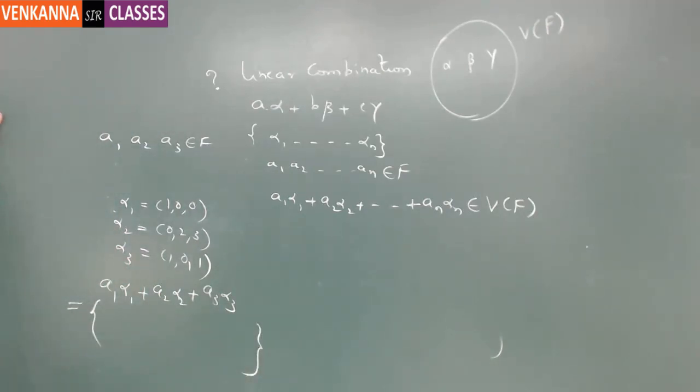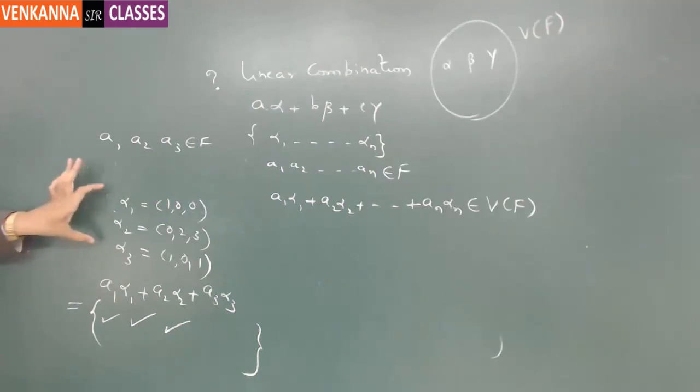Now what happens? If I take a1, a2, a3 as 1 1 1, I will get a vector here. If I take a1, a2, a3 as 0 0 0, I will get the 0 vector here. If I take a1 is equal to 1, a2 is equal to 1, a3 is equal to 0, I will get another vector here. Now what is happening?